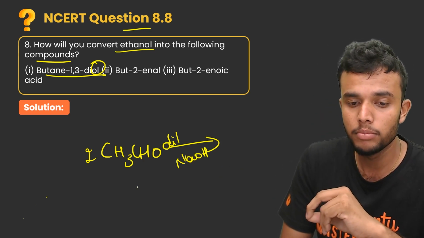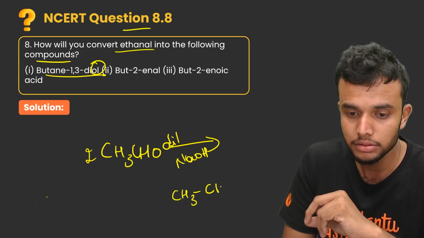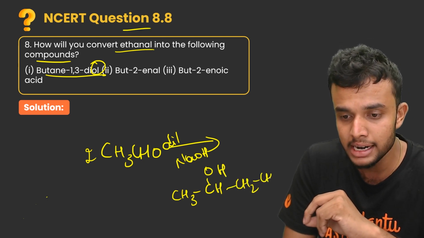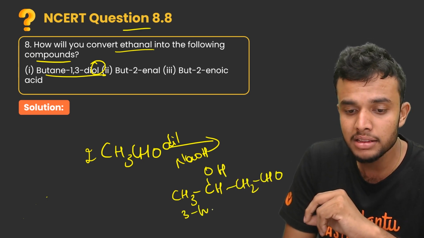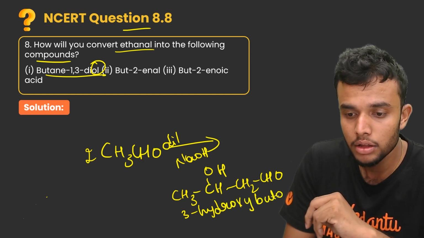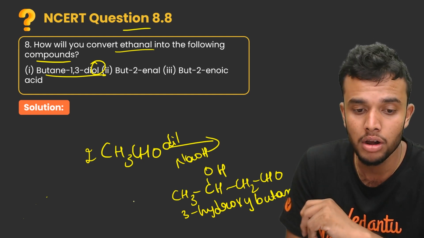What does it yield? It yields 3-hydroxybutanal, right? What is it? CH3, CHOH, CH2, CHO. It is 3-hydroxybutanal, right? Next, but they want butane-1,3-diol.